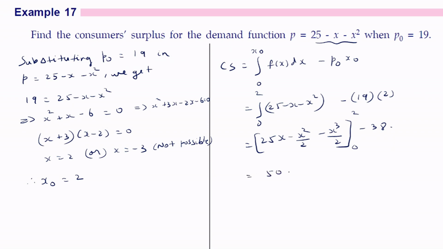So this is 50 minus 8 by 3, the lower limit is 0, minus 38. So this is 50 minus 38 is 12, minus 8 by 3. So it is 36 minus 8 by 3, which is 28 by 3. So the consumer surplus is 28 by 3 units.